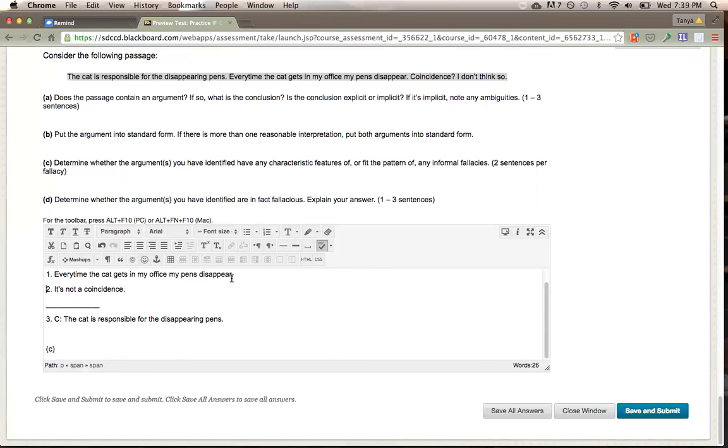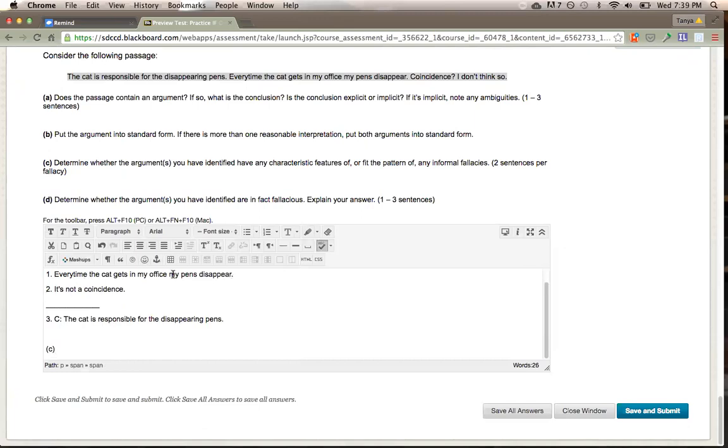So if this is a false cause fallacy, it should have a correlation, and it should be drawing a conclusion about causation.